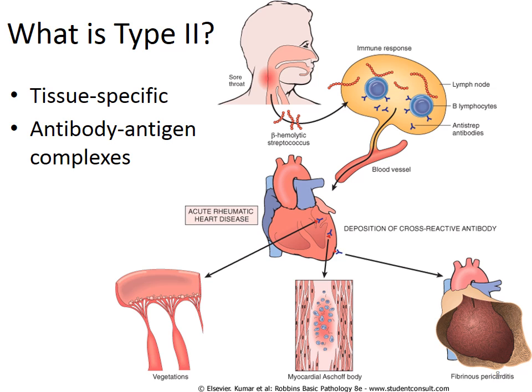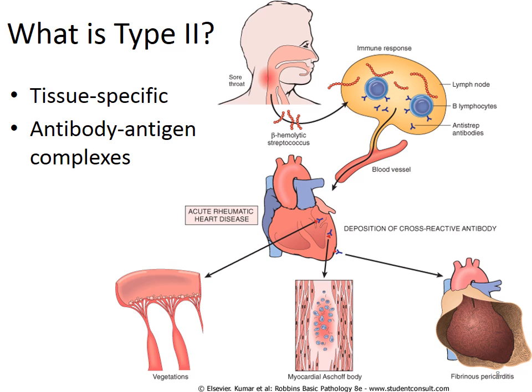Okay, so if you can appreciate this image, a lot of times what we're going to see is a result due to antibody production that happens as a response to exposure to certain types of bacteria.